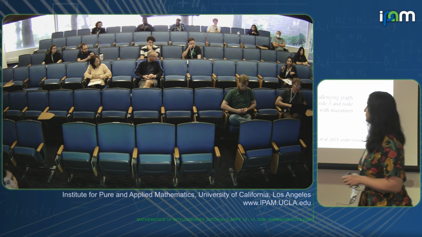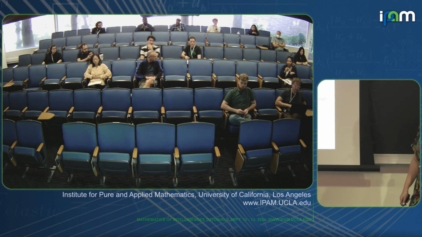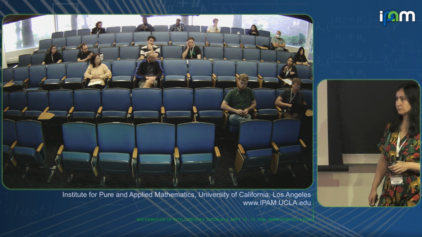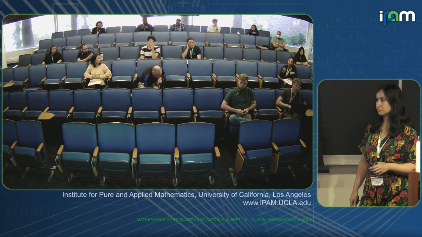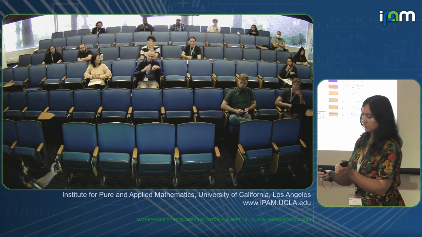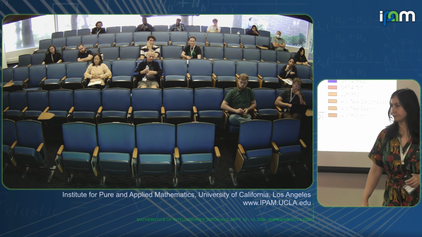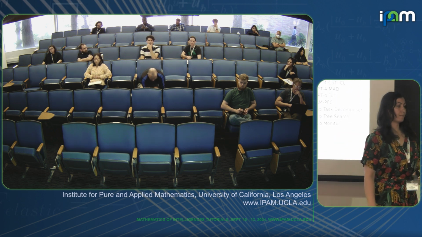Now that the ablations have established that the monitor and tree search are very important for this task, can we see what failures the monitor is making? So if you improve that, then you can bump up the LLM-PFC score. Were there any interesting observations there? There were.